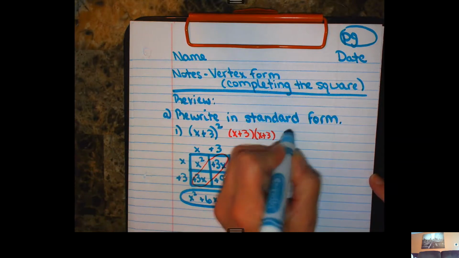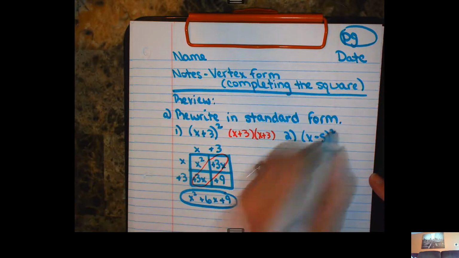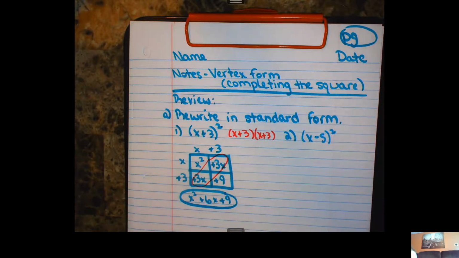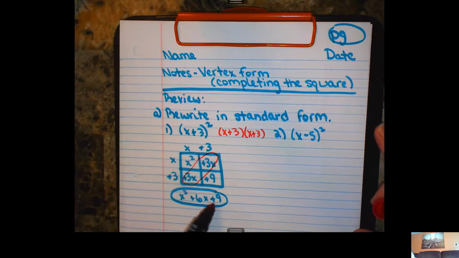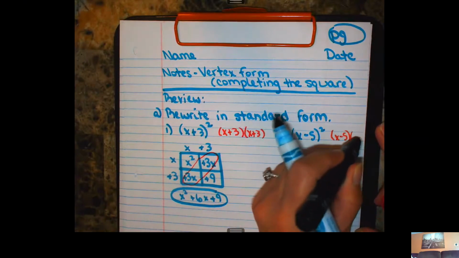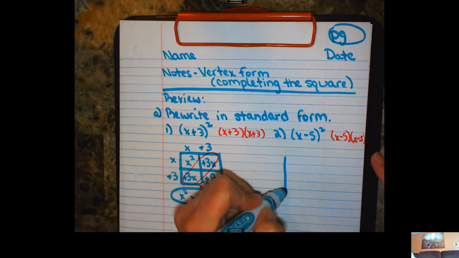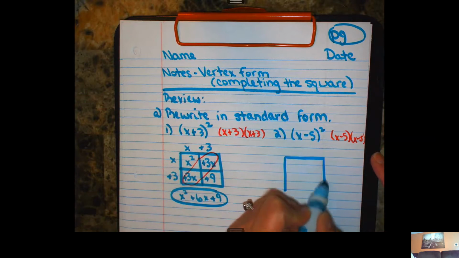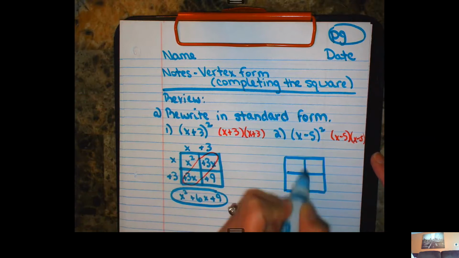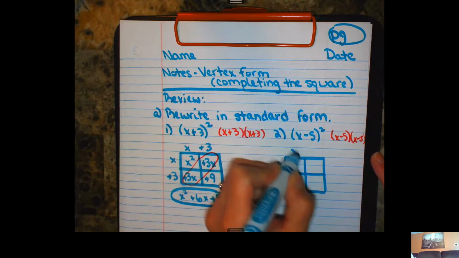For example number 2, can you write (x minus 5) in parentheses and then square it? Again, if we're going to write it in standard form, this is the same as (x minus 5) times (x minus 5). So we're going to do boxes again and multiply. We're going to have 2 by 2 boxes, with x minus 5 on the side and x minus 5 at the top.